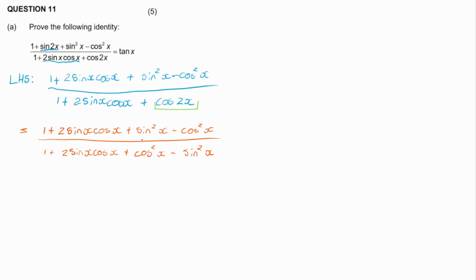I need to get rid of this sine squared x and this cos squared x, so I need to be looking at these ones. I need to convert these into sine squared x plus cos squared x. So let me show you. This now becomes sine squared x plus cos squared x. So the 1 changes, and you'll see here in a moment why this is an important change.